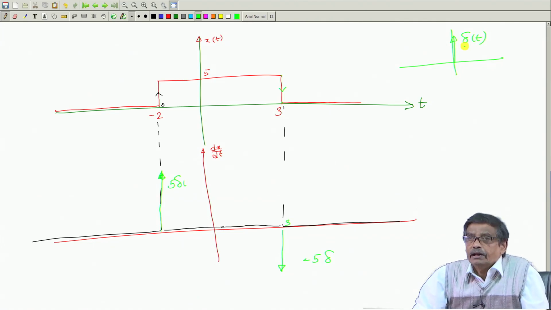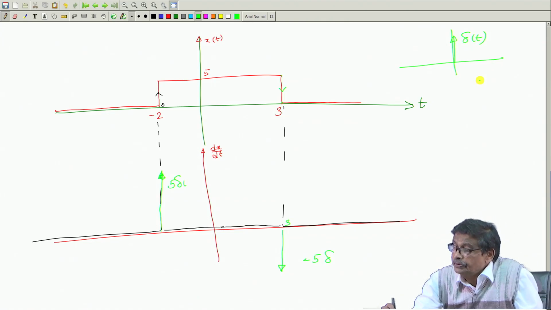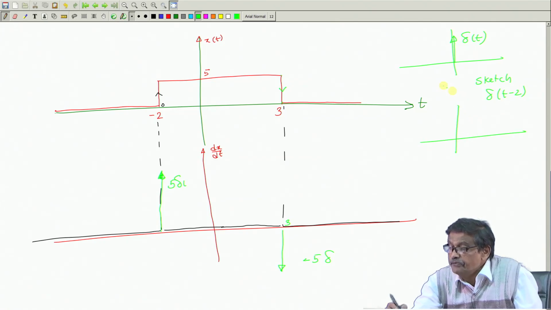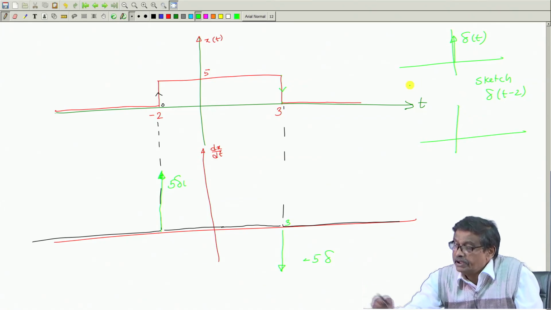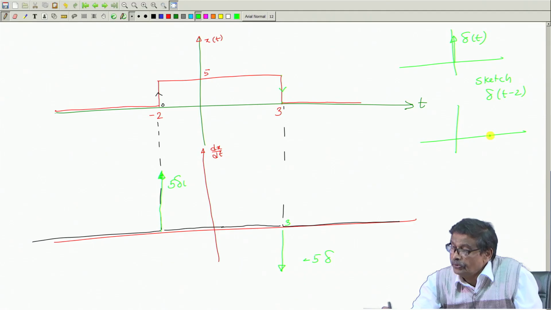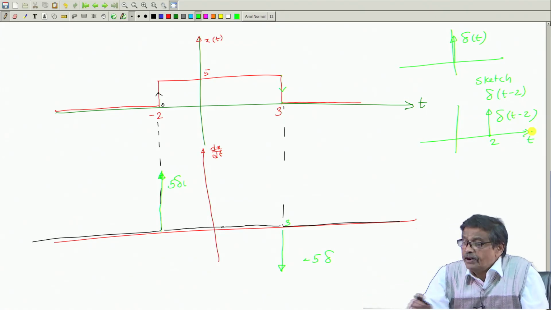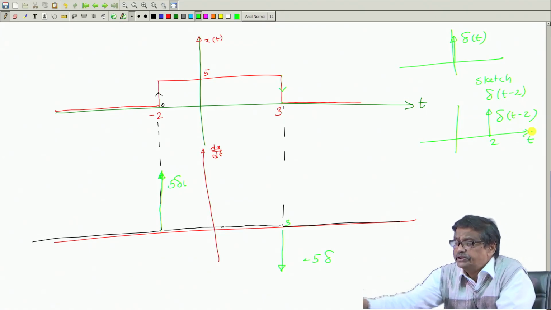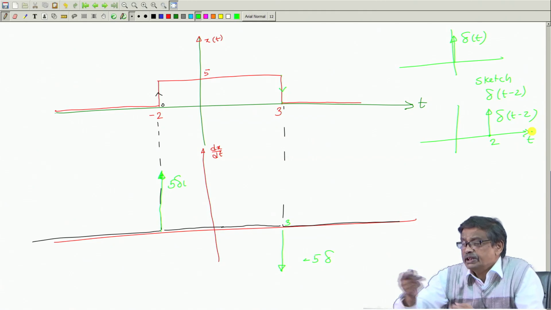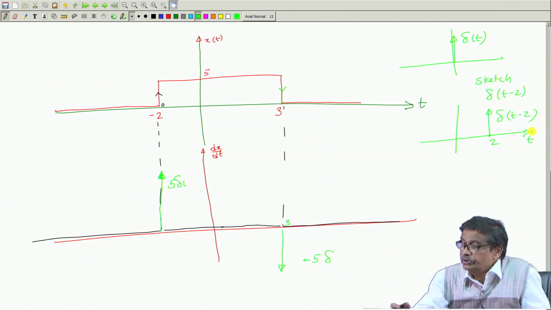So, if I ask you to sketch delta(t minus 2), what will you sketch? The same function shifted towards the right by 2 units. So here will lie delta(t minus 2). Any function x(t) given a right shift: if you change the argument t to t minus 2, it will give you this.